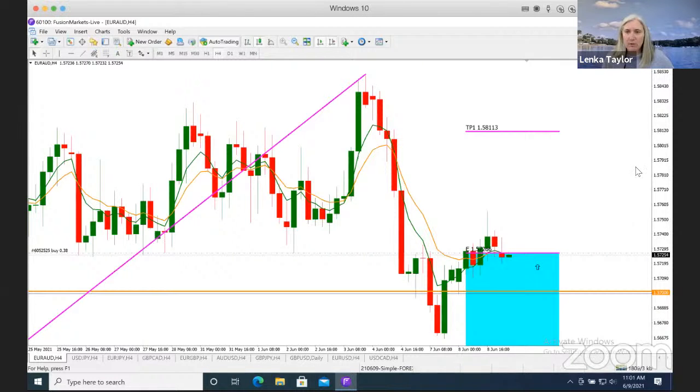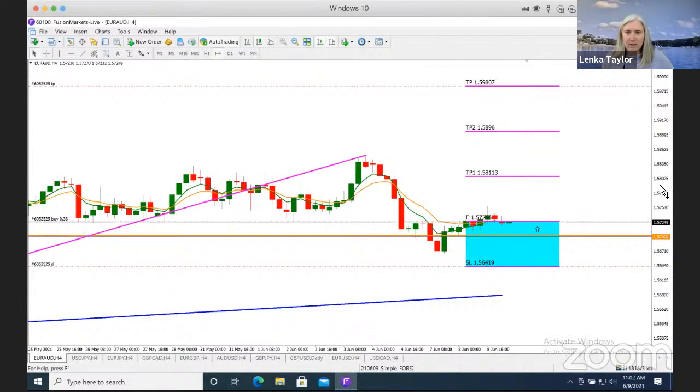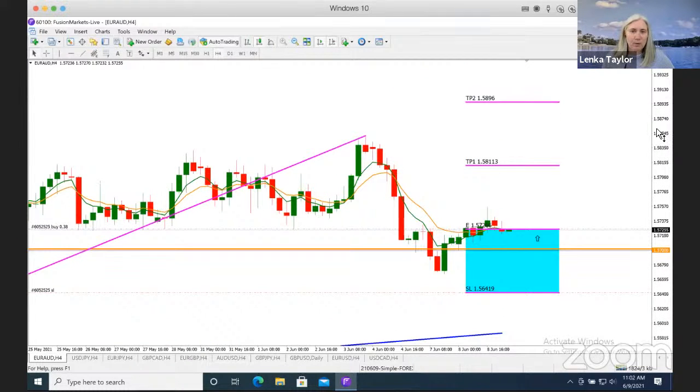So I just got in a little bit above, stop loss away from the low, and those are the target profit levels. At the moment, still hovering around the entry, so still in on that one.